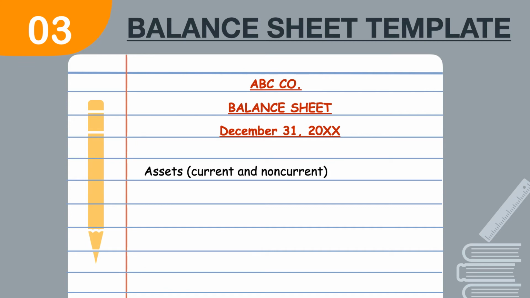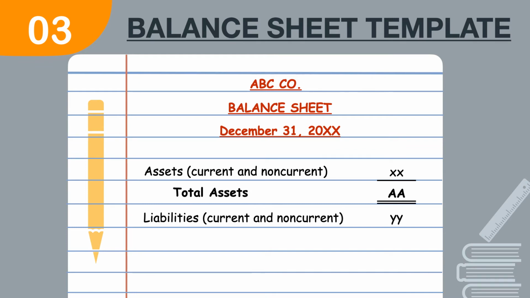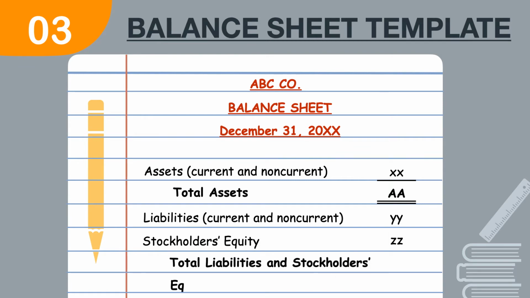We then go on to show our assets, current and non-current. We show our liabilities, again, current and non-current, stockholders' equity, and we add those up to give us our total liabilities and stockholders' equity. And notice that the total assets, which is the left side of our equation, matches the right side of total liabilities and stockholders' equity.